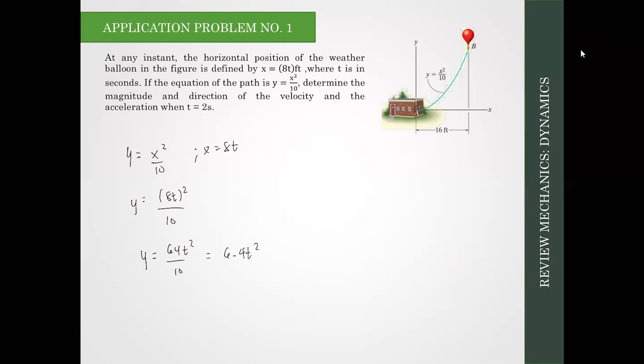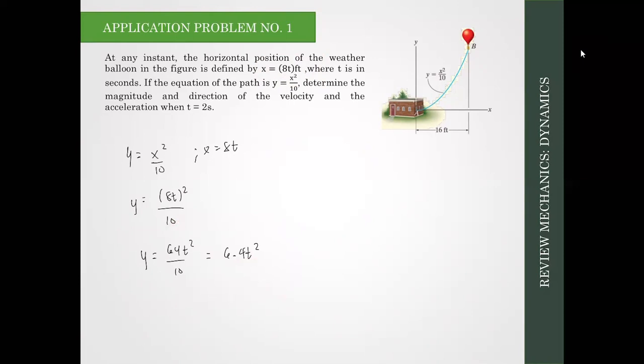So, meron ka ngayong formula for the position. Eh, di ba kailangan lang natin is yung velocity and acceleration. So, ang gagawin lang natin, i-derive na lang natin once itong nakuha natin equation na to for the velocity, and then derive natin twice para makuha natin yung acceleration. Okay?